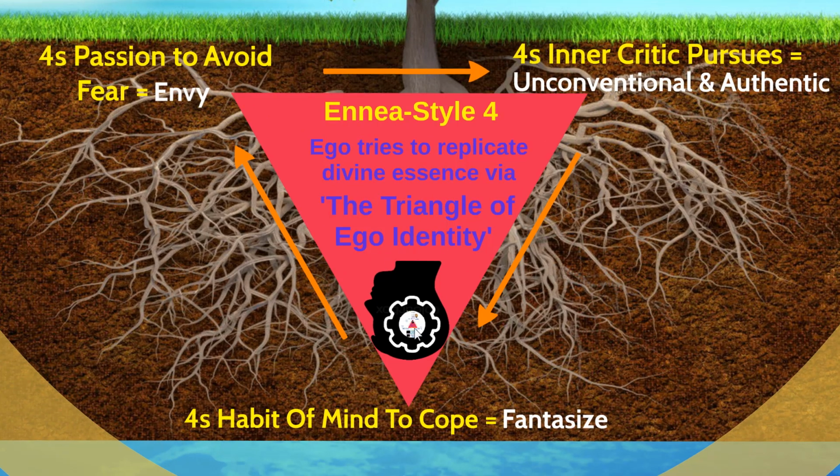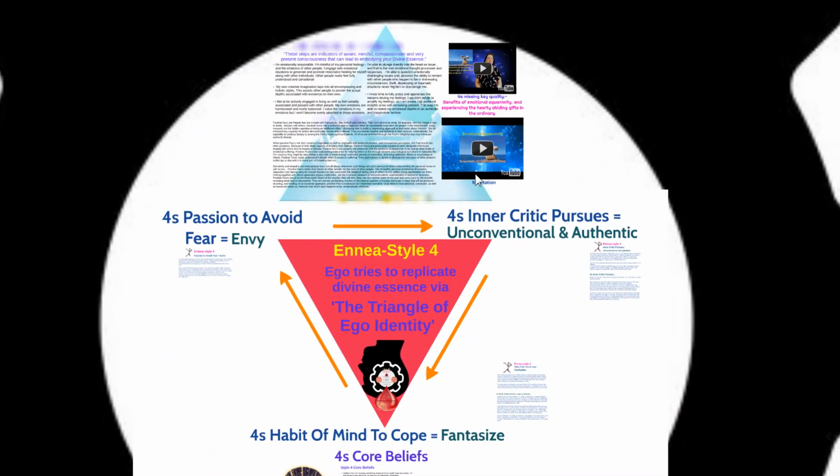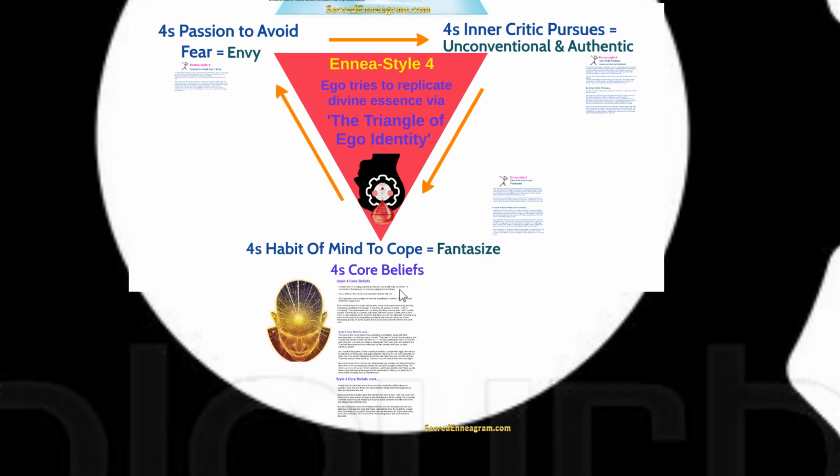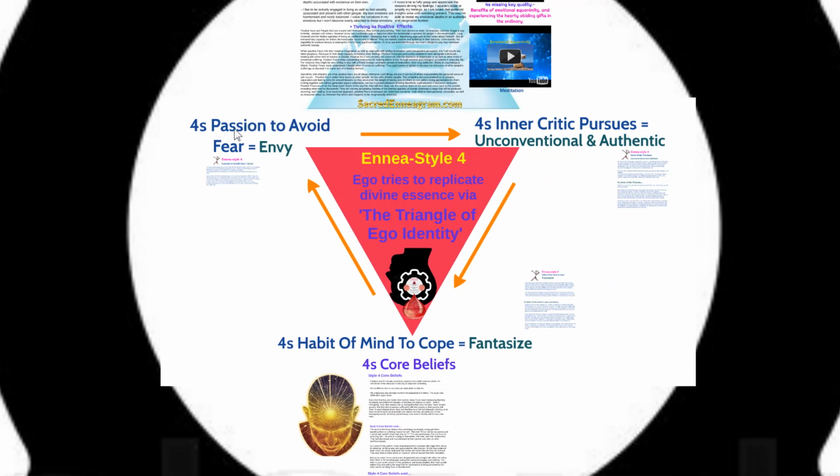Each type has its own triangle of ego identity on this bronze level Enneagram map. Just like before, it has core beliefs, all of the attributes of the triangle of ego identity, the passions to avoid fear, etc.